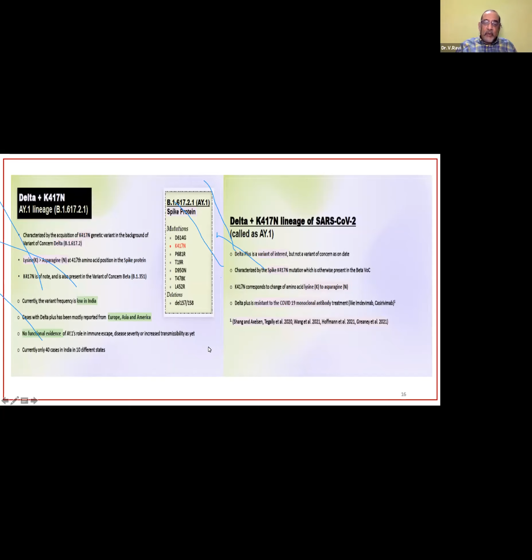If it had been more infectious than Delta, it should have caused a huge surge. It has not caused a huge surge in any part of the world. So people believe that it is not a major variant of concern. WHO has in fact downgraded it to variant of interest.